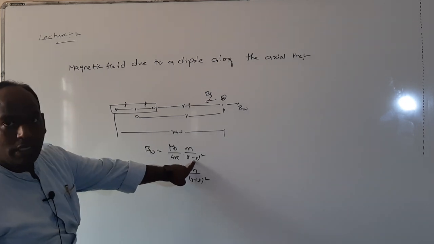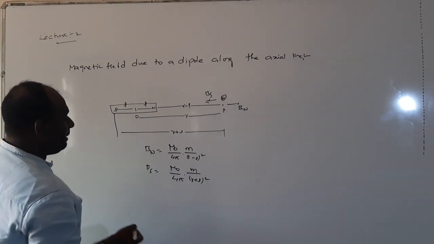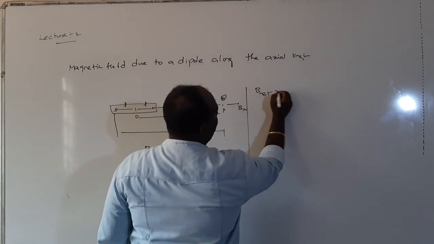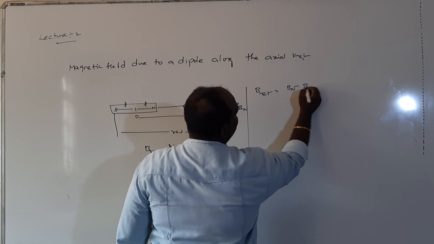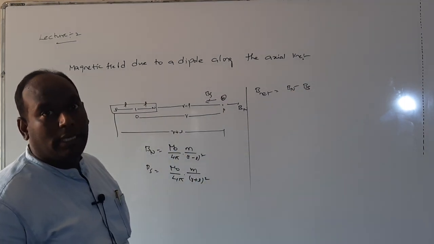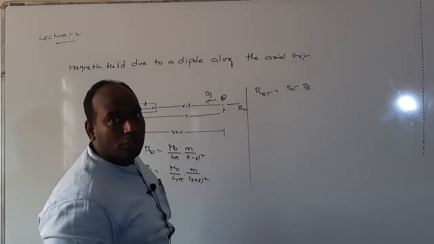Since the denominator is small, this is higher. So the net magnetic field B net is equal to Bn minus Bs. Bn indicates the magnetic field due to the north pole, Bs indicates the magnetic field due to the south pole.